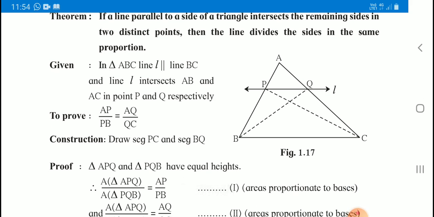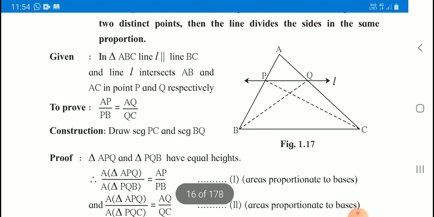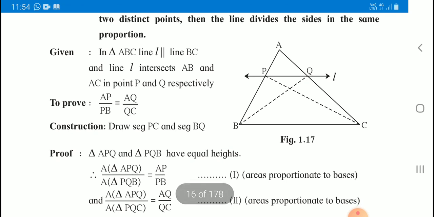For proving this theorem, we did one construction, that is, draw segment PC and segment BQ, or join point P and C, meaning PC, and point B and Q, meaning BQ.